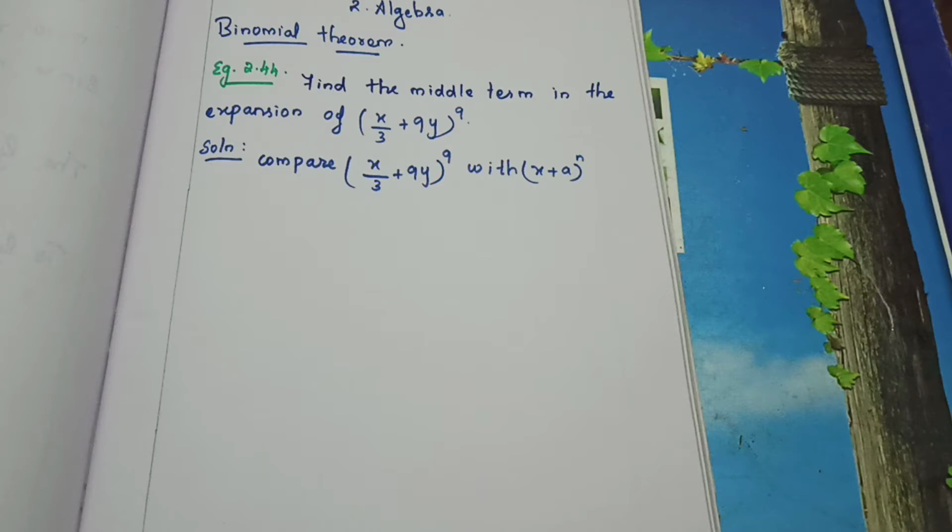We will use the middle term of (x + a)^n. I taught you case 1 and case 2. One problem related to case 1 we have done already, so this one is related to case 2. If n is odd, then the number of terms n plus 1 is even. Therefore we have 2 middle terms. So we are going to use that rule.